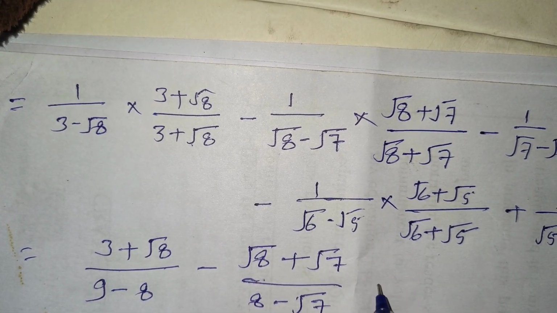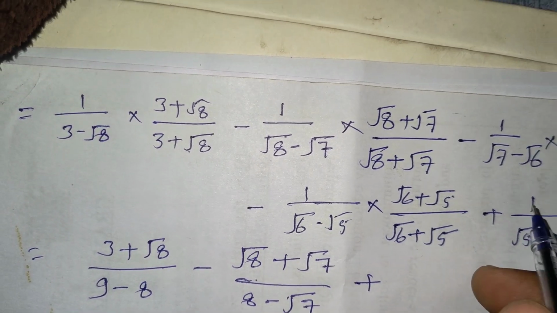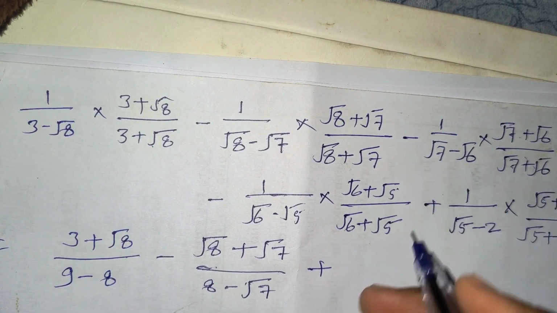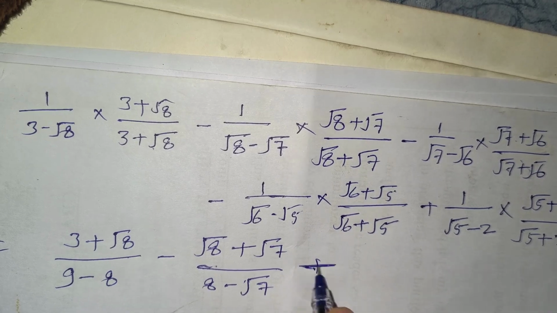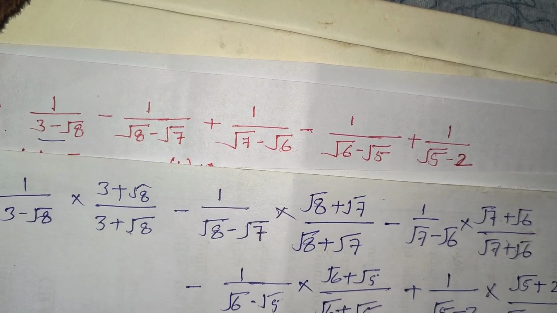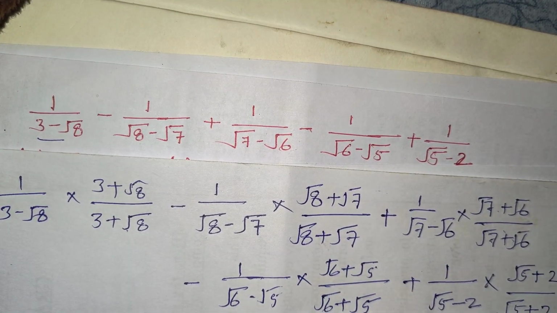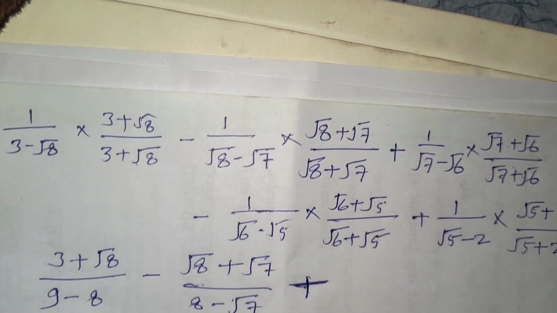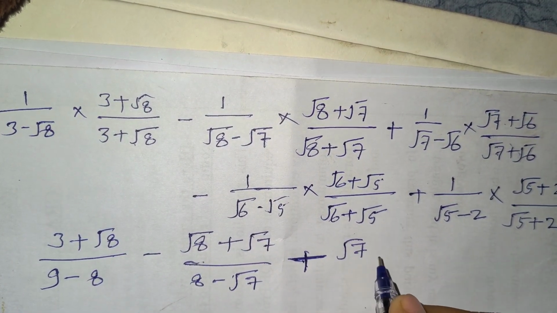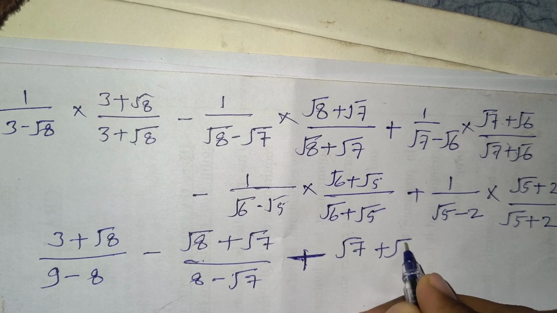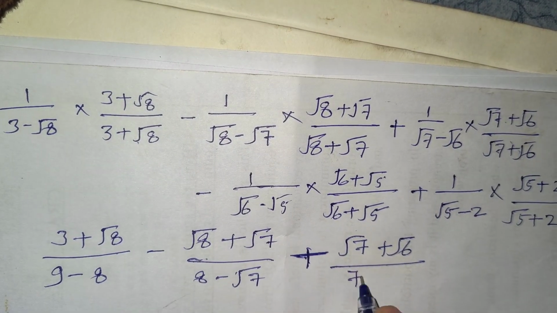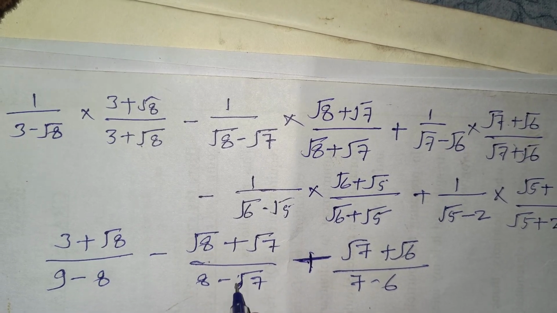Next term here, sorry, here is plus, plus root 7 plus root 6 in the denominator 7 minus 6.